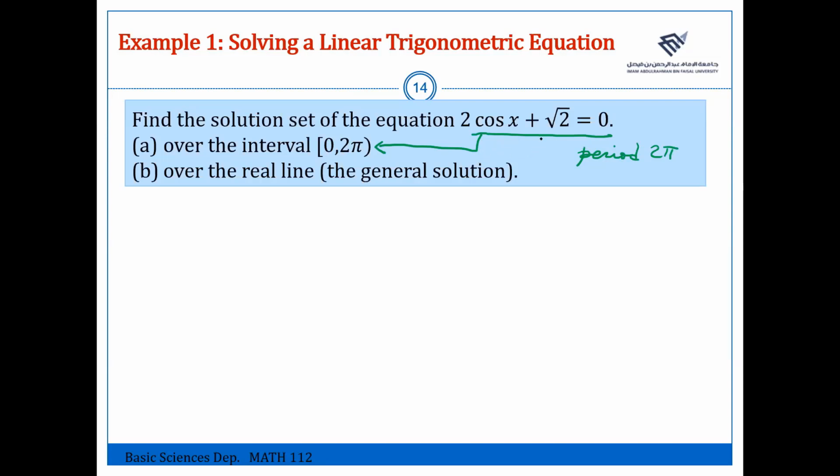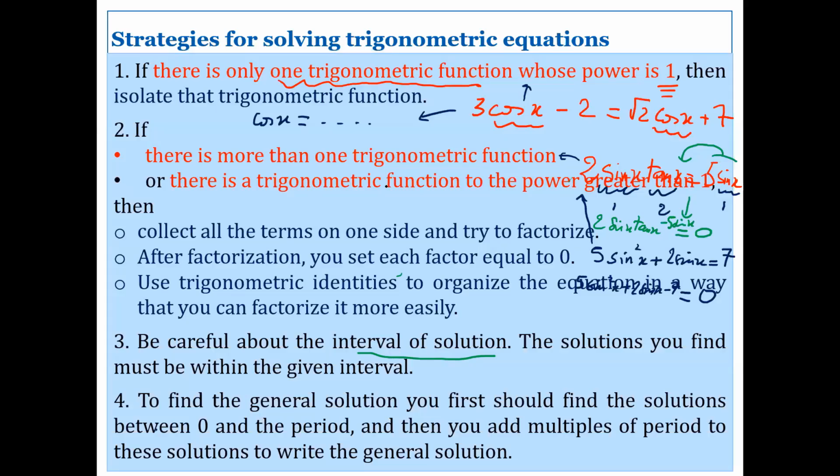Then in a second stage, we find all the solutions on the real line, which we call the general solution. This step is easy. All the work will be in step A, and we will see the easy step. So again, be careful about the interval of solution, and then if you are asked to find the general solution, we will see it. We must solve on one period, on an interval of length the period: 2 pi if cosine or sine, pi if tan or cotangent.